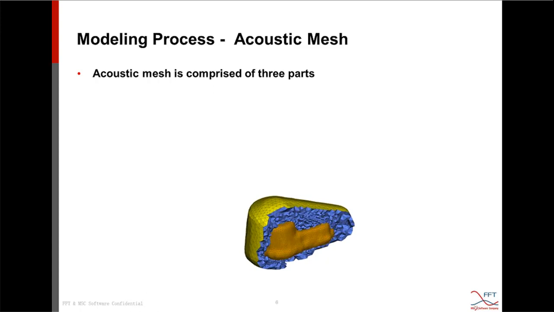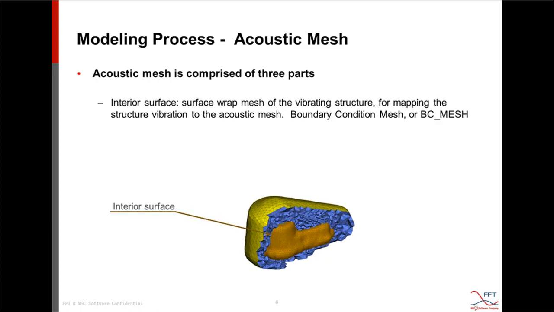Now, in this typical modeling process, let's take a look at the acoustic mesh that is required. First, let's suppose that the vibration is already calculated using a first step in a dedicated tool. Then in the second step, we will need 3 parts in an acoustic mesh.